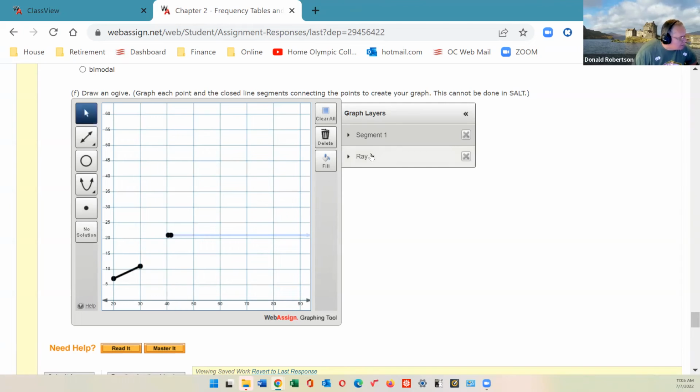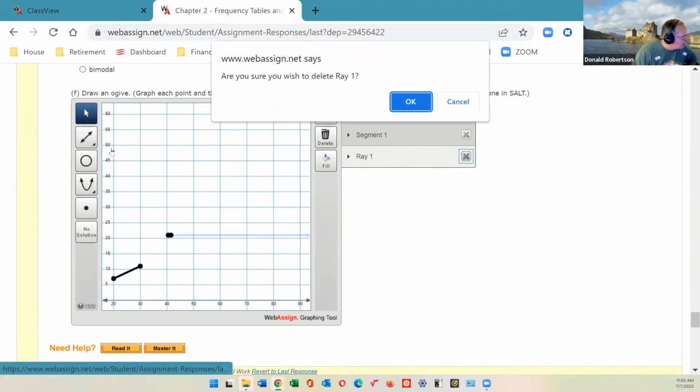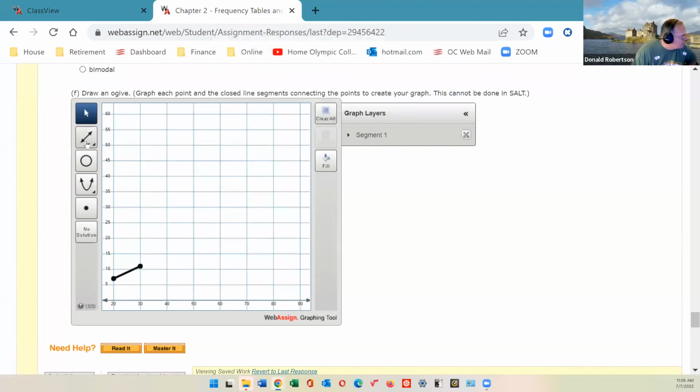Okay. Double check. That's a dot. That's not me. That's a curve. That's a circle. That's not me. That's that. What does that do? No. Okay. Then I'm going to have to do it the slow way. Start at that number and finish at 21.